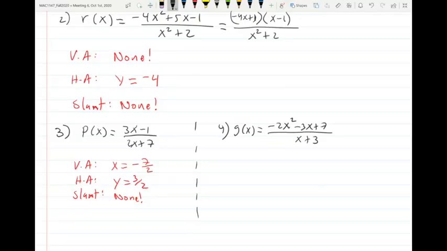There is no way that we can find those numbers, so we won't be able to factor this in a straightforward way, so I won't even try. So in particular, -3 is not a zero of the top, so the top and bottom have no common factor. So we don't have to worry about factoring here for asymptote purposes. And let's try to answer the question: vertical, horizontal, and slant.